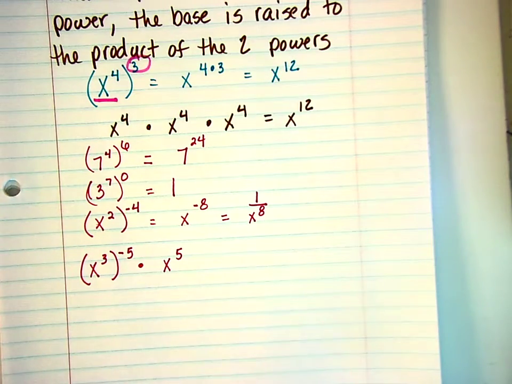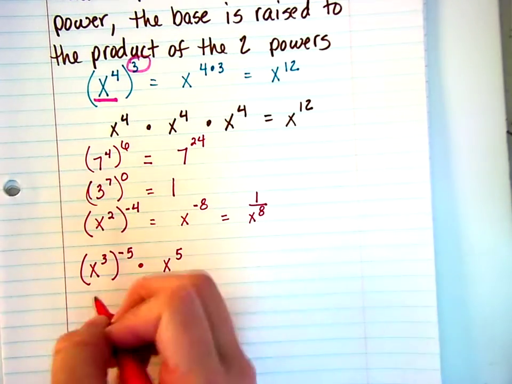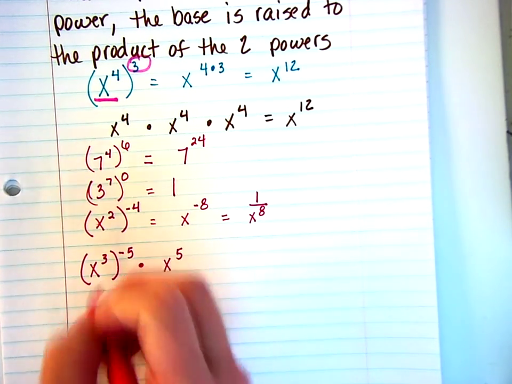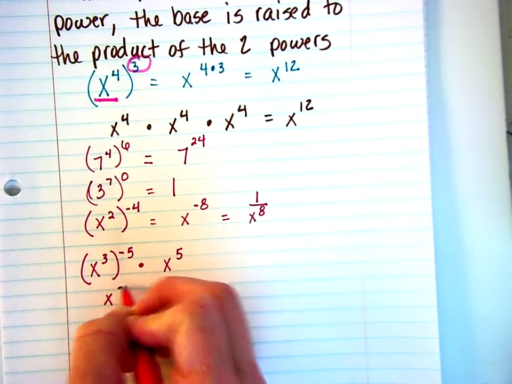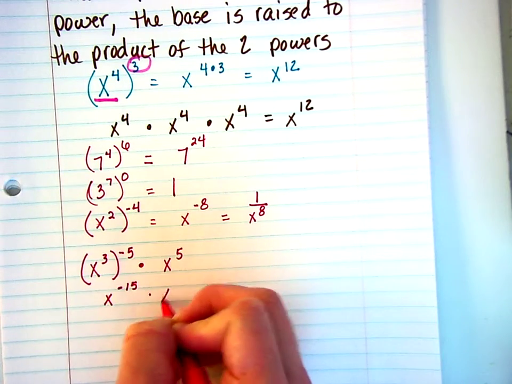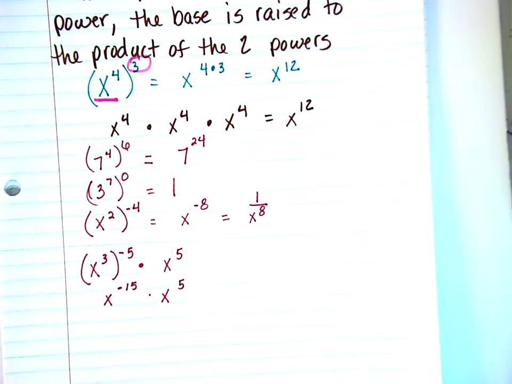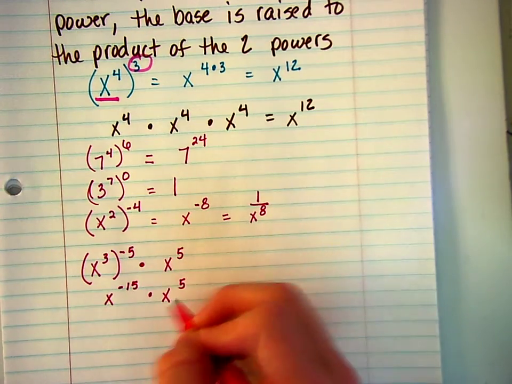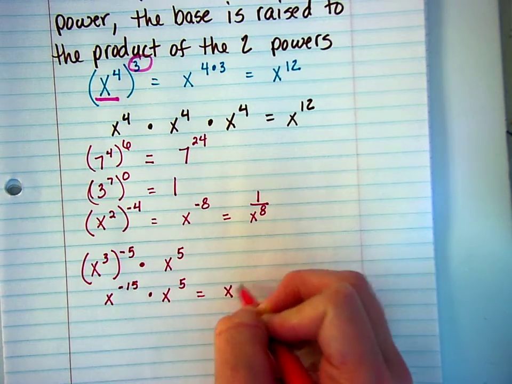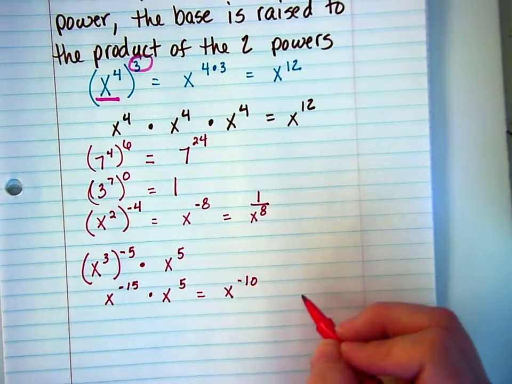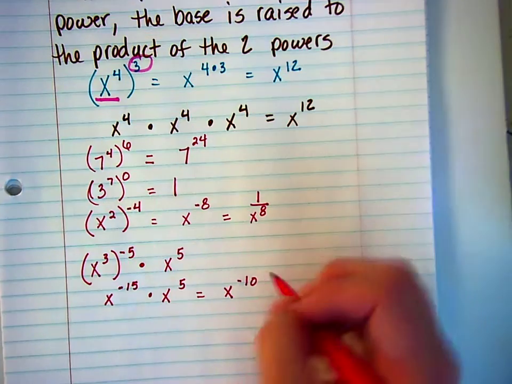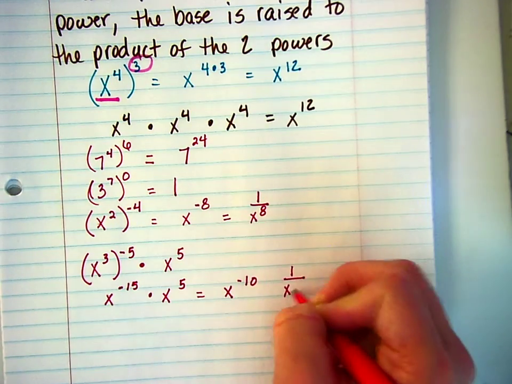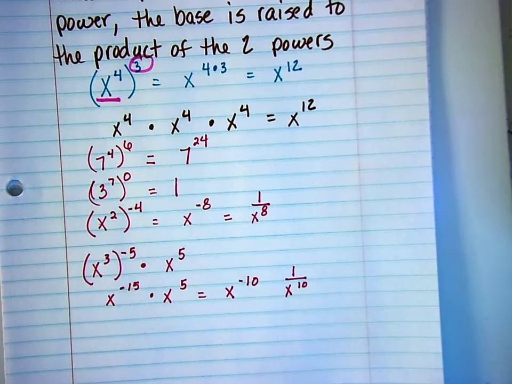Okay. So I see here I have 3 times -5. That's going to give me x to the power of -15 times x to the power of 5. When I add the exponents, I'm in a multiplication situation. Whenever I add the exponents here, that gives me x to the power of -10. That cannot be, so I need to make it 1 over x to the power of +10.